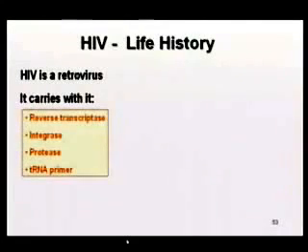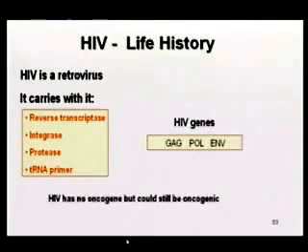HIV is a retrovirus. It has various proteins that it carries with it, things like reverse transcriptase, the integrase, the protease, and of course, being a retrovirus, it needs a primer. It carries a tRNA with it. It has 3 genes, no oncogene. But we've already seen that if you're a retrovirus, you do not need an oncogene in order to cause tumors. We saw about promoter insertion. This thing has a very nice LTR.